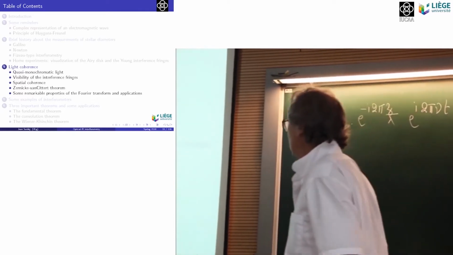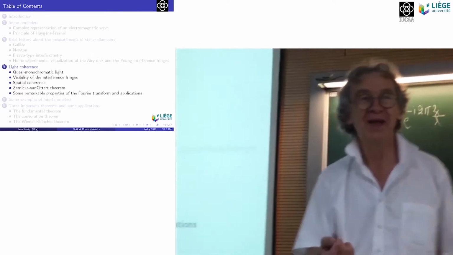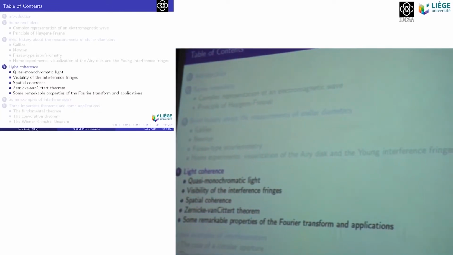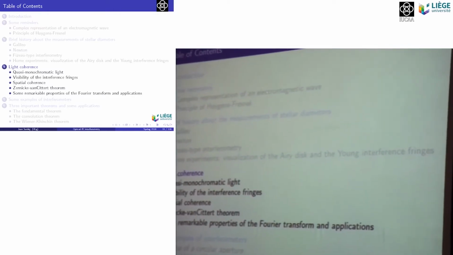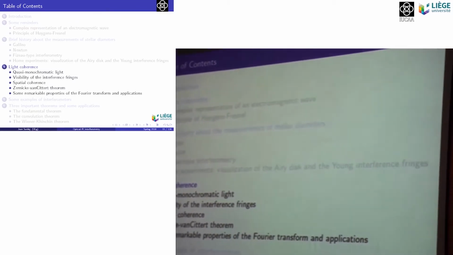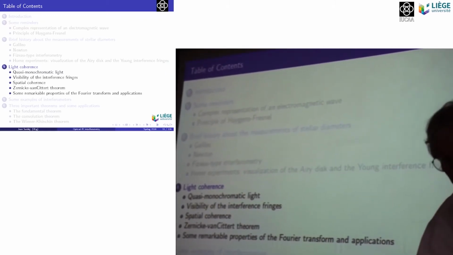Then we ended up with the construction of our small interferometers, and you understood yesterday how it worked. So today we will continue with a very important chapter about light coherence. The first subsection is about quasi-monochromatic light.